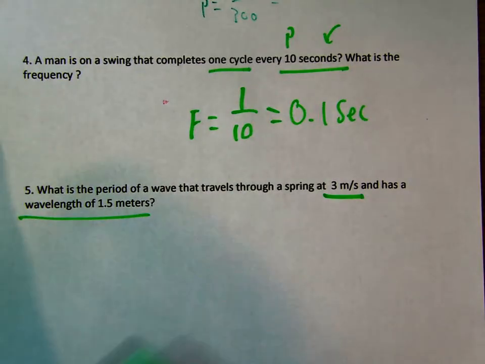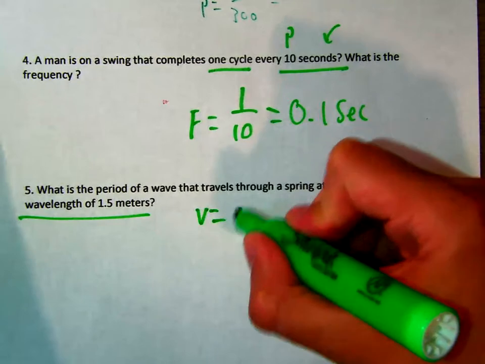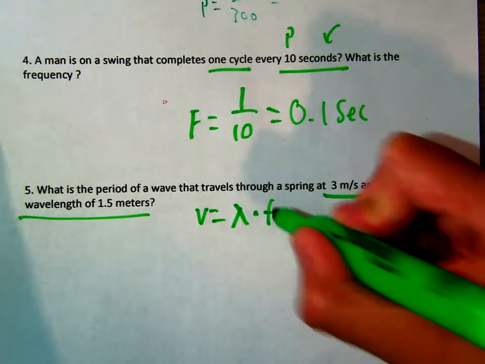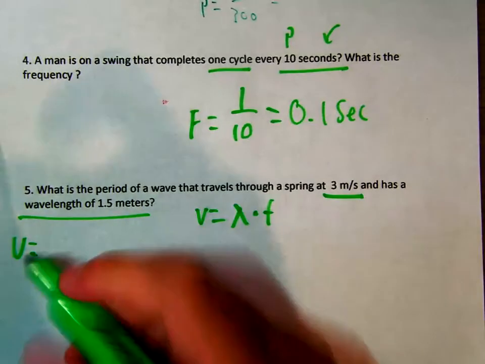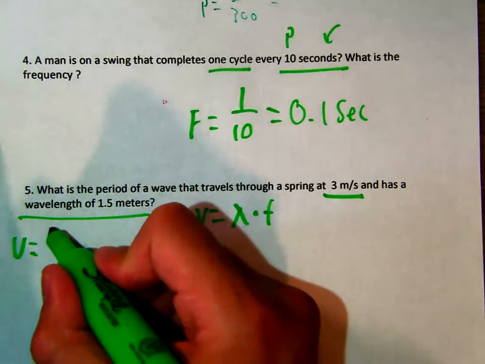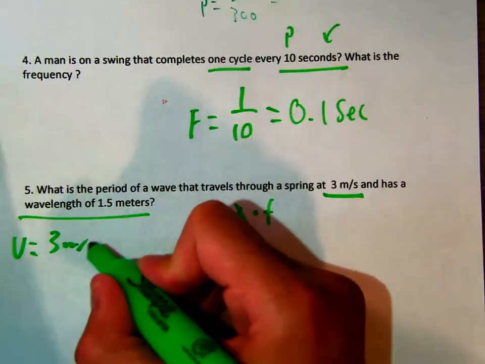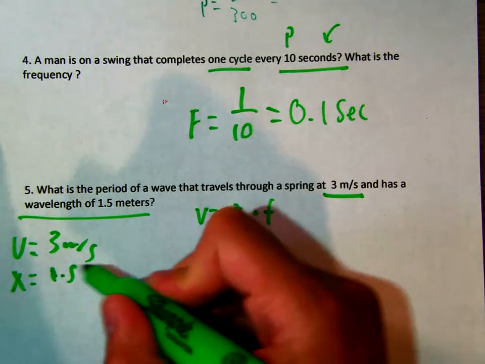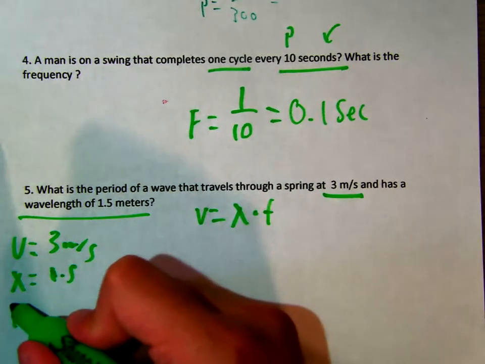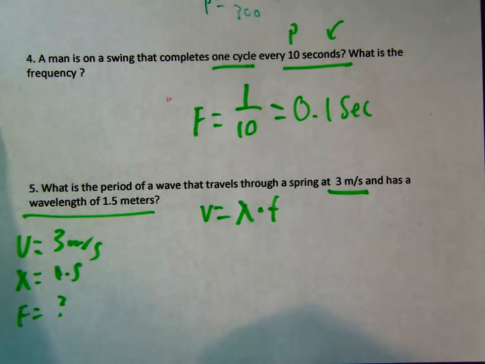Okay, so we know wave speed equals lambda, which is wavelength, times frequency. What do we know so far? Let's list that. Well, I know the speed is 3. Don't worry about units right now, but I'll put them in here. I know my wavelength is 1.5. My frequency, well, I don't know that. Let's see what else we can figure out from this.